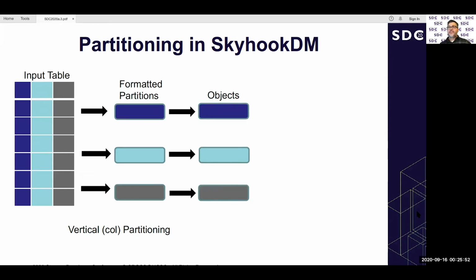Now we talk about partitioning briefly. So imagine the input table on the left-hand side. Maybe we want to partition by column. Vertical or horizontal partitioning is pretty common in database systems. In this case, we have columns: the first column maybe blue, the second light blue, and the third one gray. And these become formatted partitions. The blue column creates the blue object, the middle the light blue, and similarly for the gray object.